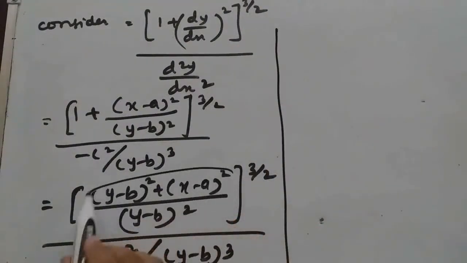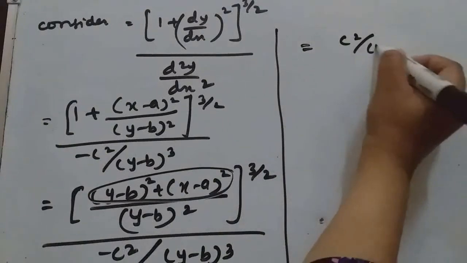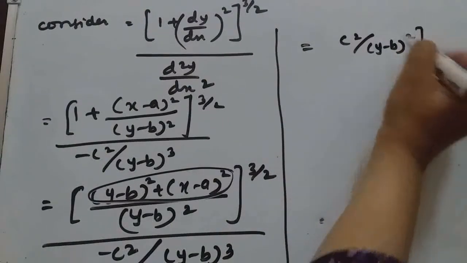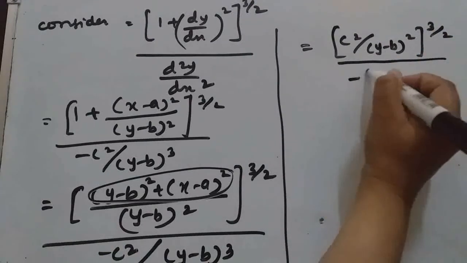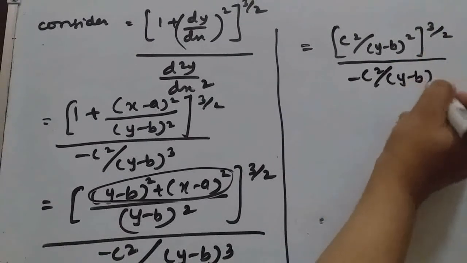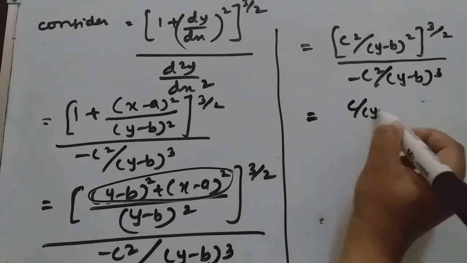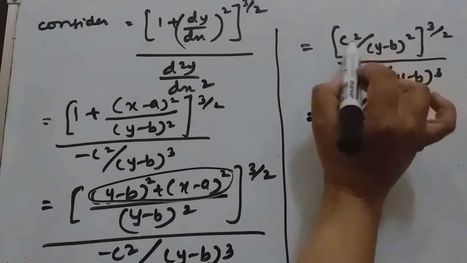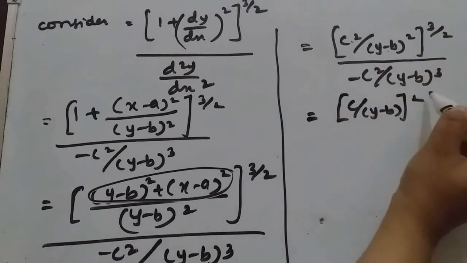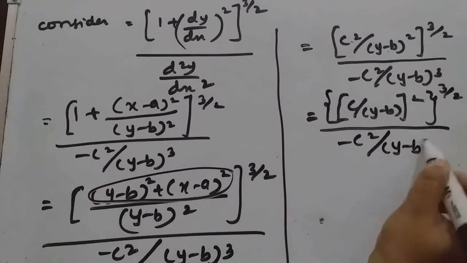See, this value is again c square. So we can substitute c square over (y minus b) square, bracket 3 by 2, divided by minus c square by (y minus b) whole cube. So we can write c by (y minus b) whole square, isn't it? And because both have same power 2, then bracket power 3 by 2, minus c square by (y minus b) cube.